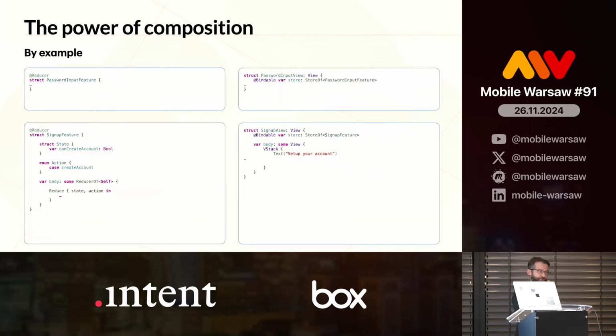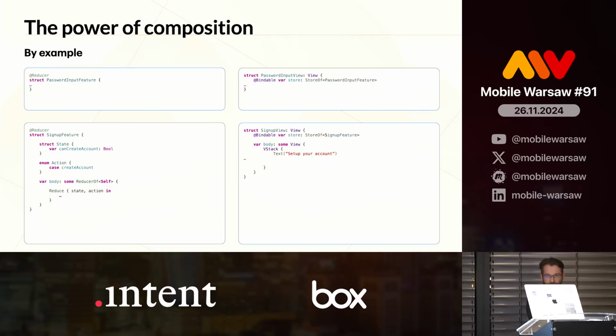But in the end, we do care about the big sign-up. So we have this sign-up feature, which has its own state, own set of actions, own logic, own view, right? We want to bring this password input feature into it. And that's actually where the power of the composable architecture comes in.